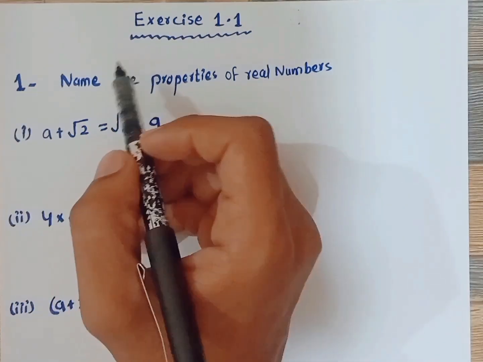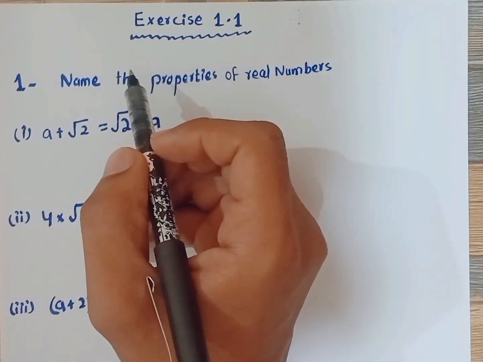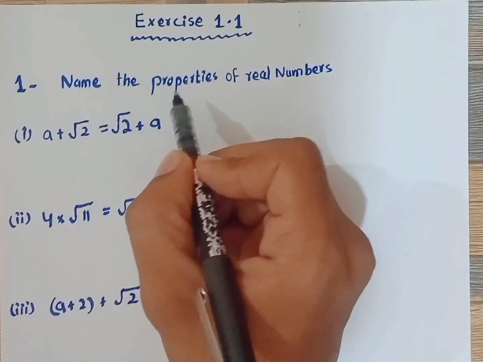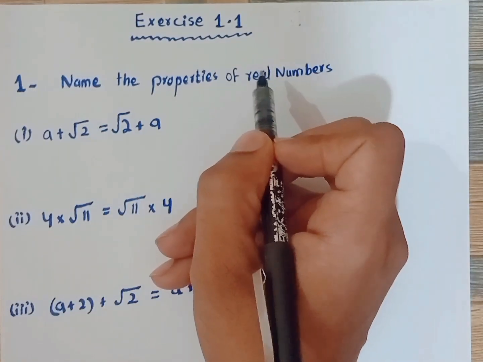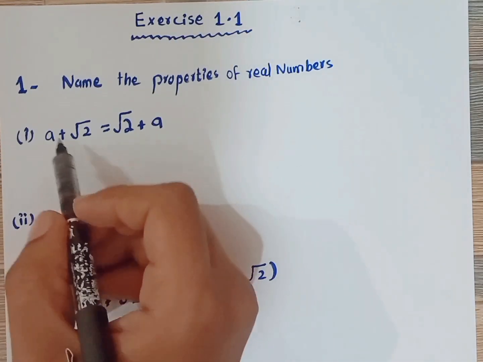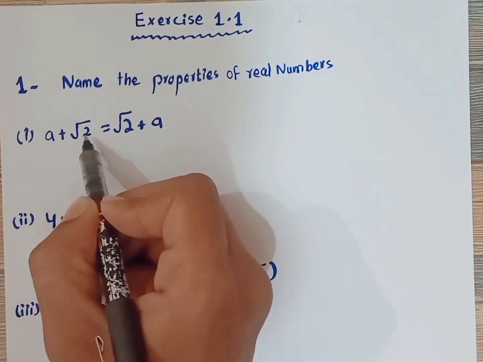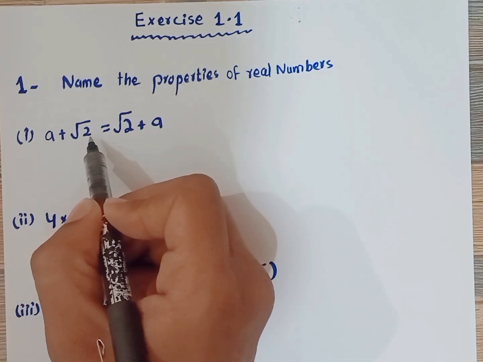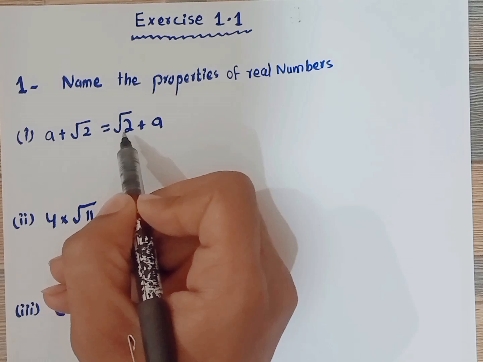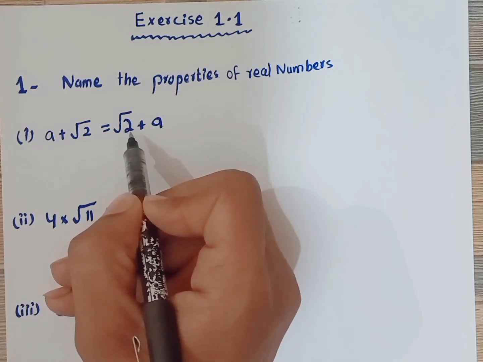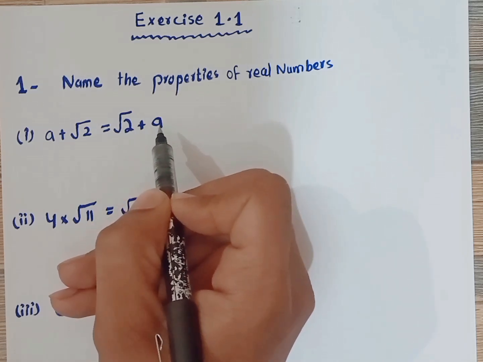Okay, part 1 of exercise 1.1 is: name the properties of the real numbers. The first question is a plus square root 2 is equal to square root 2 plus a.